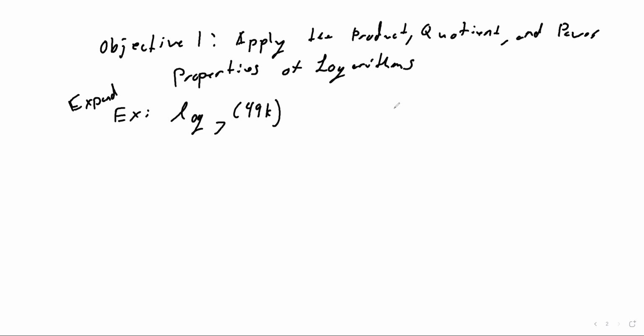When you condense, you use your properties to use multiplication and division. All right, but since I have 49 times k, that means that to expand this is the same thing as log base 7 of 49 plus log base 7 of k.